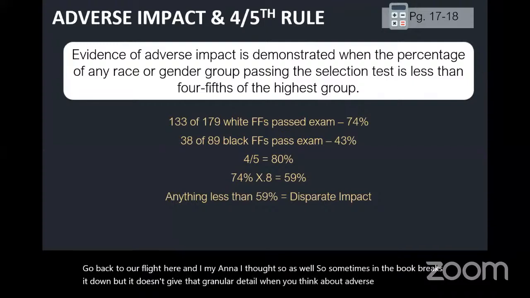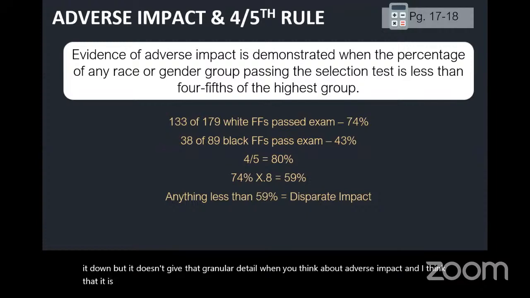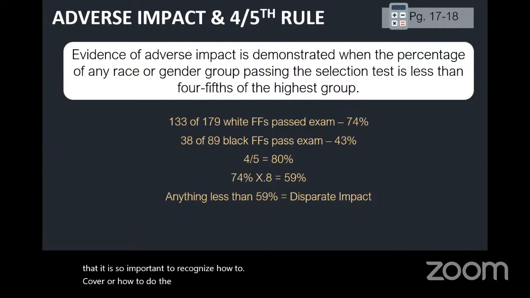I think it is so important to recognize how to do the formula, because you want to know if your process is going to have any adverse impacts on a group of people.